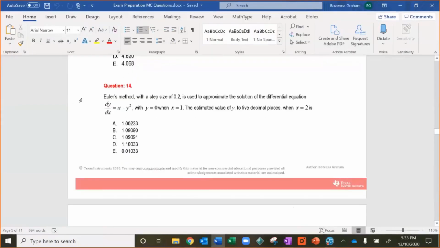One more question. This question is on Euler's method. It tells you the step size is 0.2. The differential equation is x minus y squared, and we start at x equals 1, and we want the estimated value of y to 5 decimal places when x equals 2.